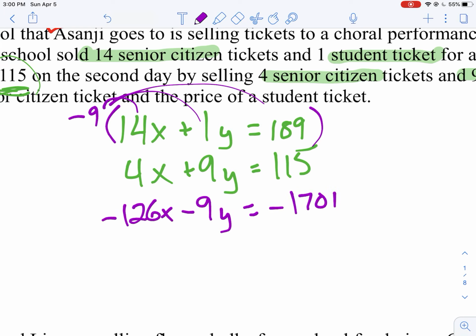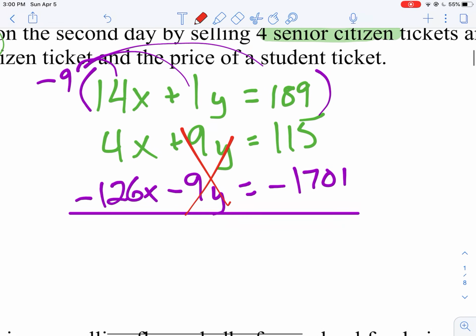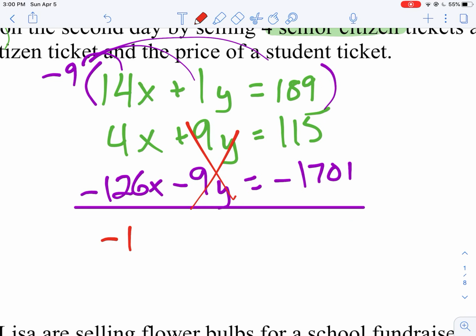We're going to get some negatives in this problem, but it should all balance out at the end, and I should still get positive answers. So let's see what our elimination looks like. My y's are eliminating. That leaves me with negative 122x equals, let's see, 115 minus 1701 is, oh, what? How is that an error?